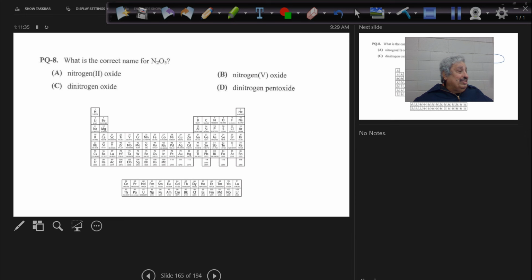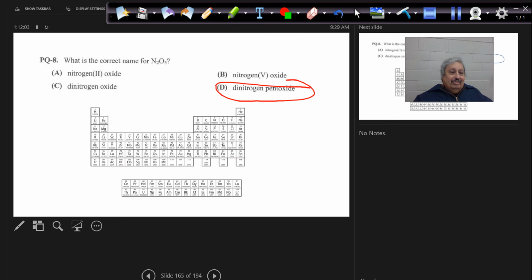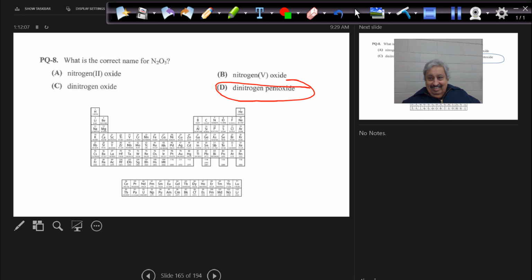What is the name of this? 2 nitrogen will be dinitrogen, 5 oxygen, not penta, dinitrogen pentoxide. Quickly, so don't pause for that. So the one alphabet will be out. So which will be dinitrogen pentoxide? Okay, D. The answer is D.